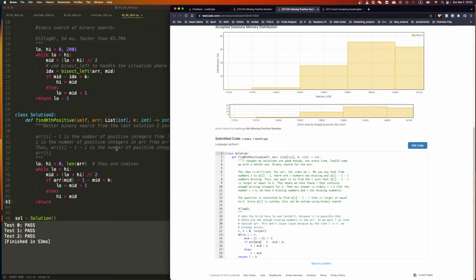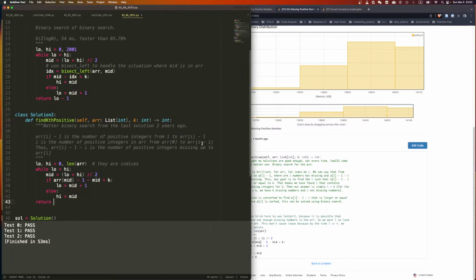Number of positive integers from 1 to this. I is the number of positive integers in an array, right? So if we have a certain number of positive integers already, and then we want to find the 9th, well, to find it, we need to first figure out where the index is going to be, right?